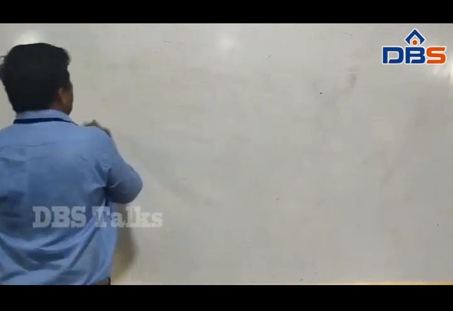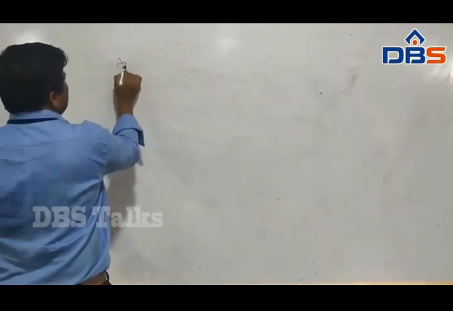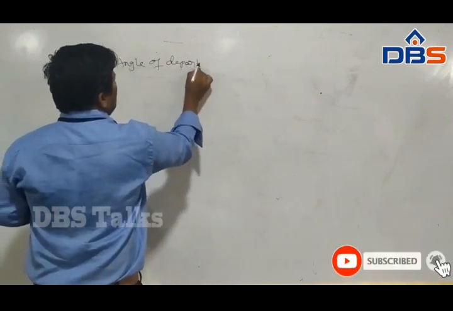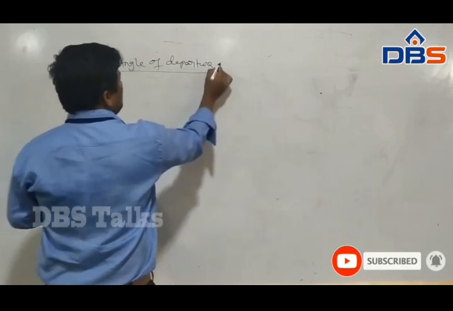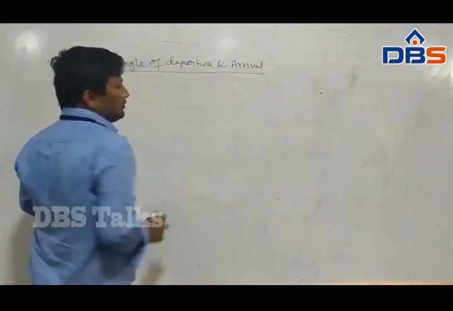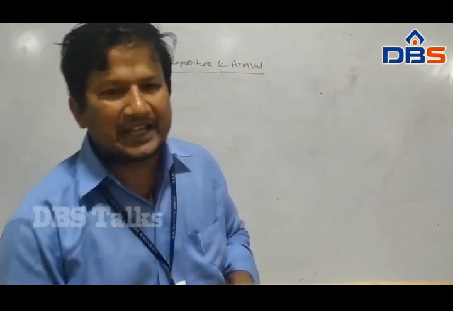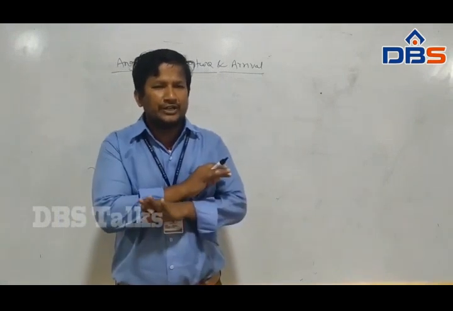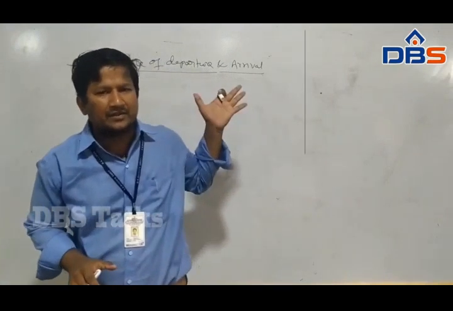And the next one is the angle of departure or angle of arrival. Whenever the root locus diagram contains only real poles or real zeros, there is no need to calculate the angle of departure and angle of arrival.